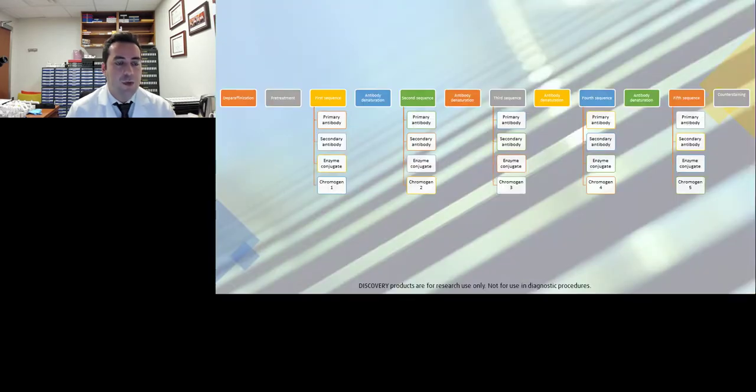To explain that, after deparaffinization and pretreatment, there are consecutive cycles with antibody denaturation steps in between. Each sequence consists of primary antibody, secondary antibody, enzyme conjugate, and chromogen incubation periods. After the last cycle, there is a step for counterstaining with hematoxylin.